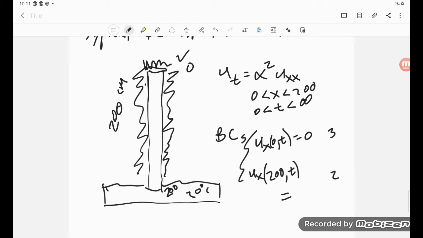They're changing things up for us here. So we'll go with minus H over K. So this is equal to minus H over K, and it is U at 200.